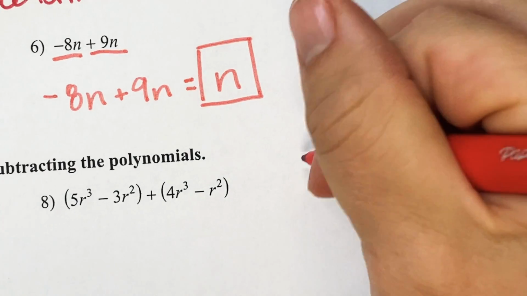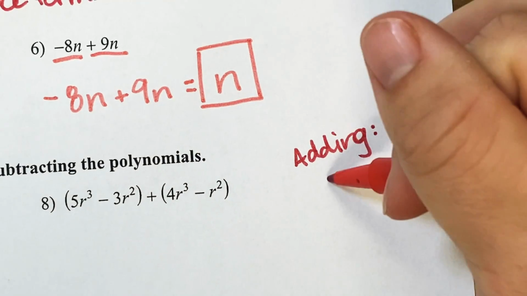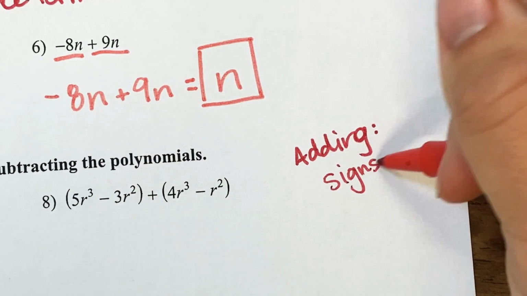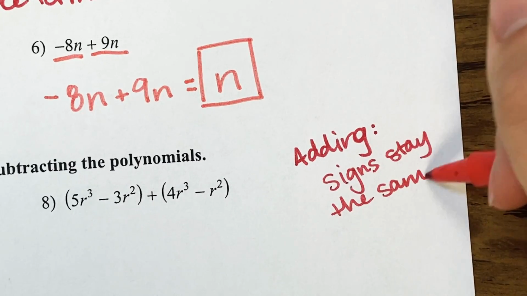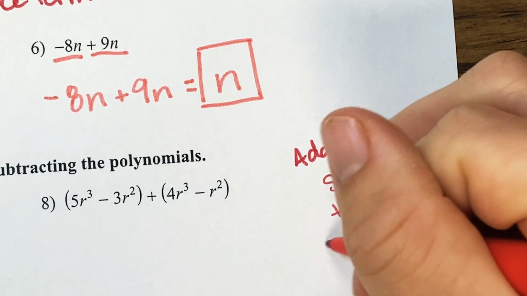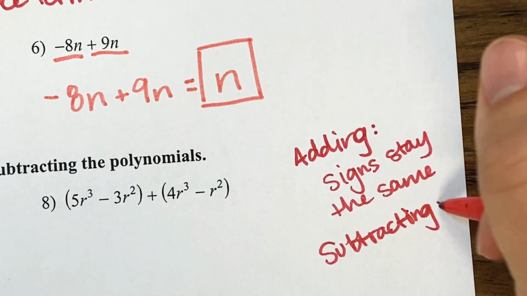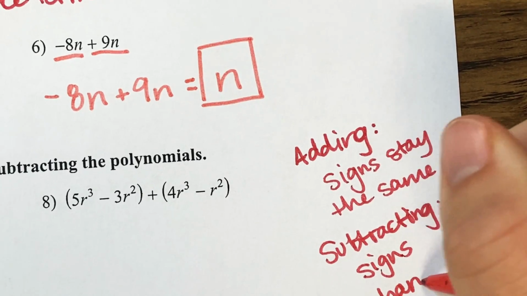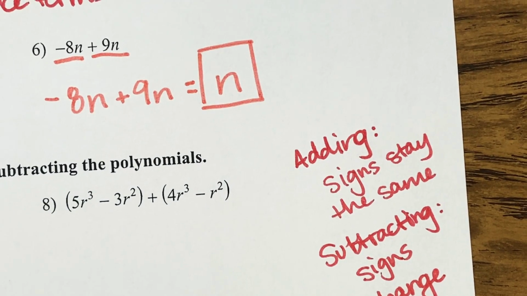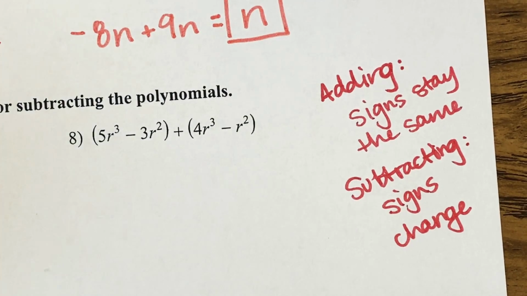When we are adding them, signs stay the same. When we are subtracting, the signs after the subtraction sign change. Okay, so that's an important rule.